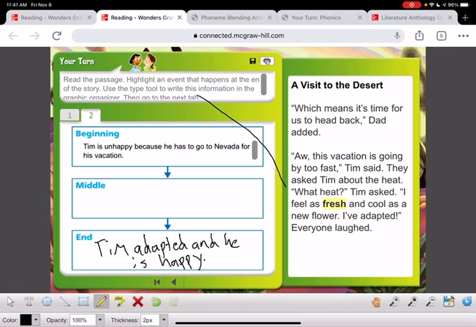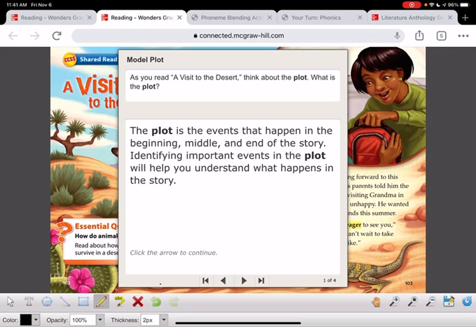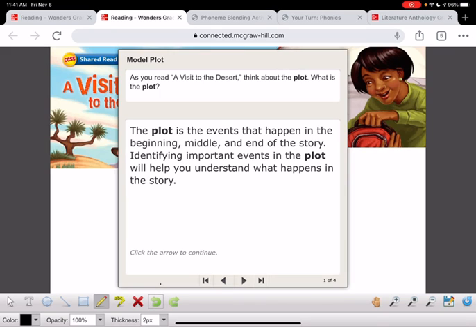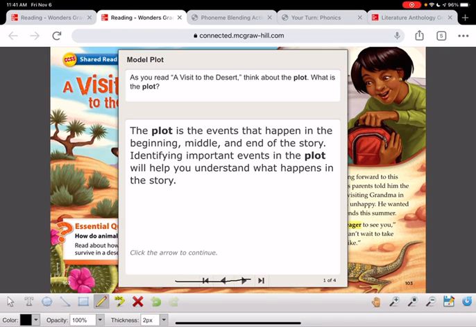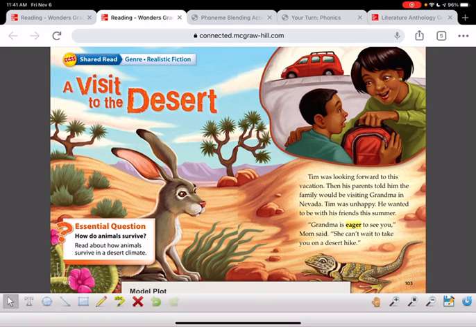So what a setting is, if I can go back. A setting is where the plot happens. The setting is where the story happens. So where is this story happening? This story's happening in the desert.